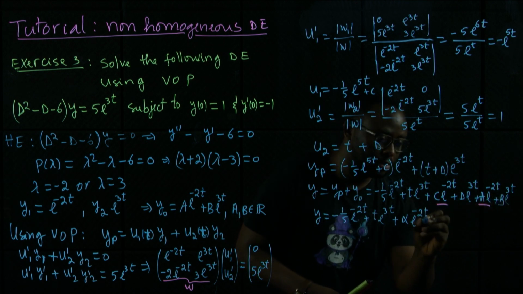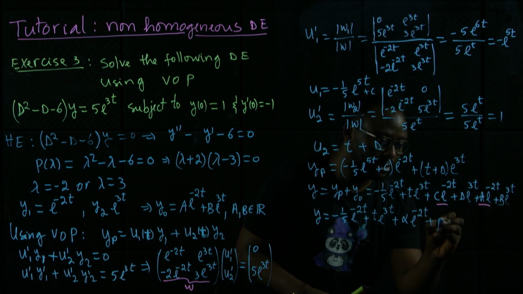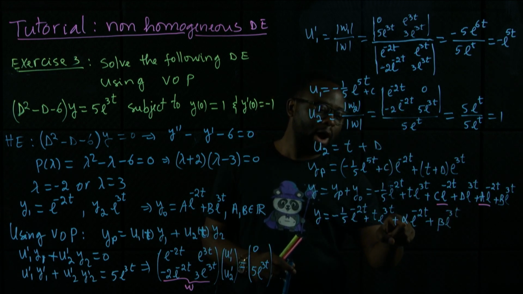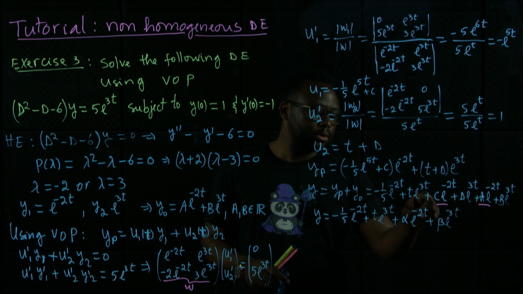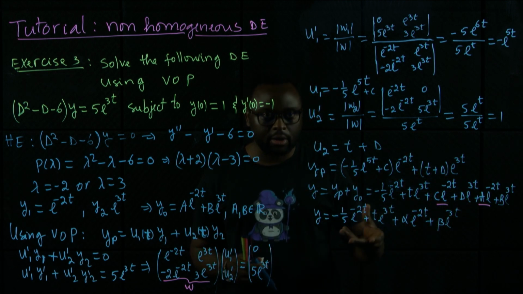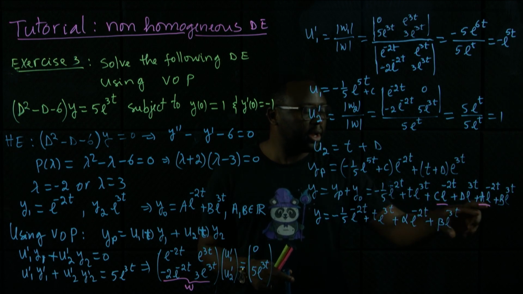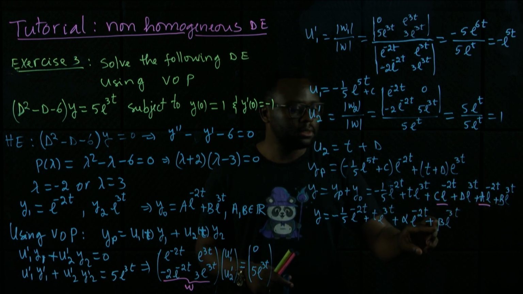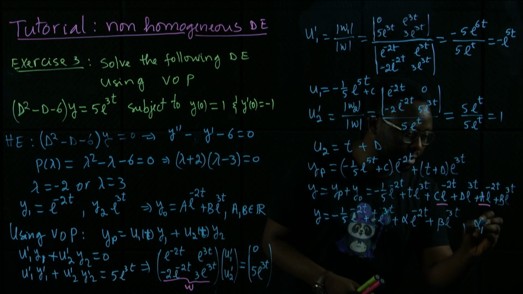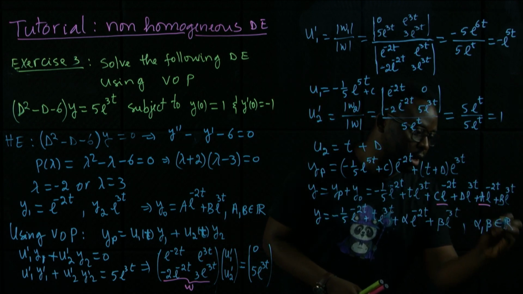This and this can also be factorized, and we have beta times e to the power 3t, okay? So remember, alpha is a plus c, capital A plus capital C. The sum of two constants is another constant. And beta is b plus d. So the sum of two constants is another constant, with alpha and beta in R.